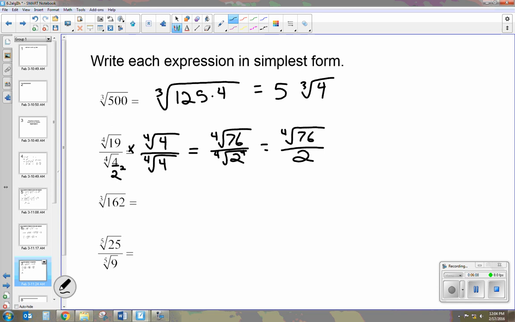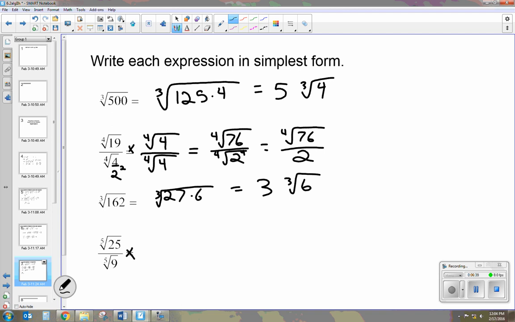In this problem, once again, we just want to simplify. So the cubed root of 162 can be written as the cubed root of 27 times 6, which can then be written as 3 times the cubed root of 6, because 27 is 3 cubed. This problem is like the problem 2 before it. We have the fifth root of 9 in the bottom.